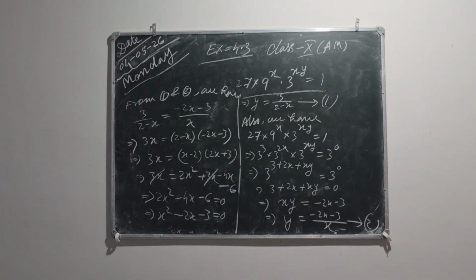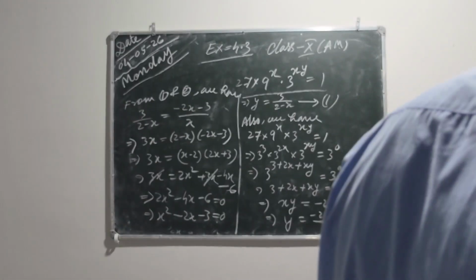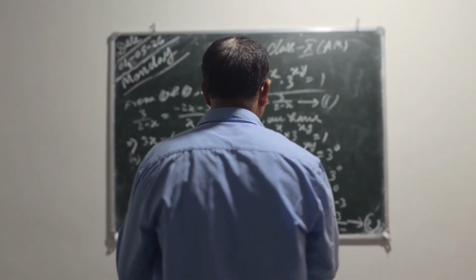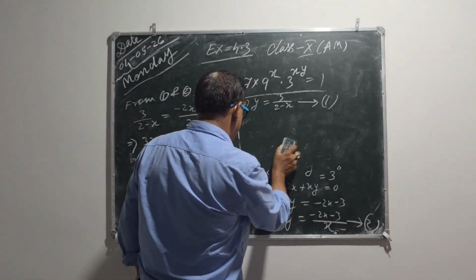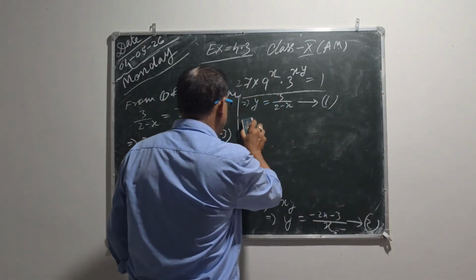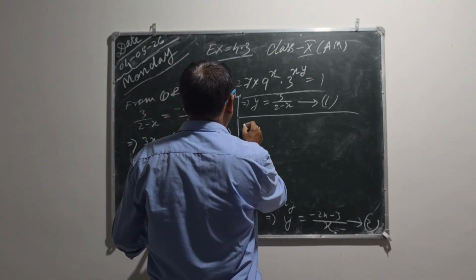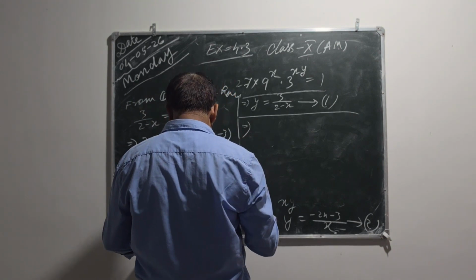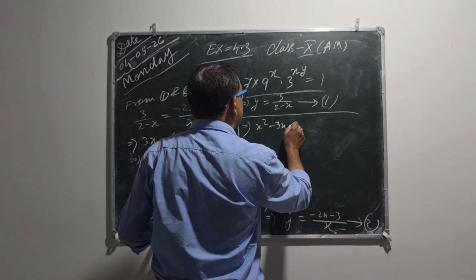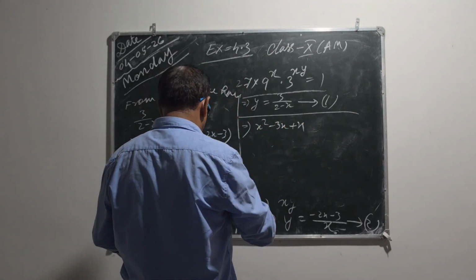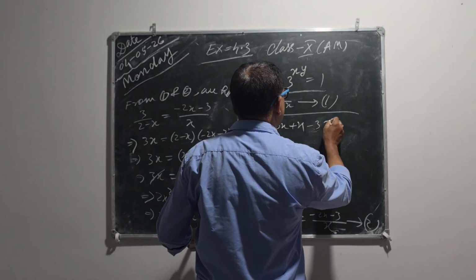Now let us factorize this by the middle term, and we will get the two values of x. So for the remaining portion, the middle term factor will be x square minus 3x plus x, since the product is the same and the sum is minus 2x, minus 3 equals 0.